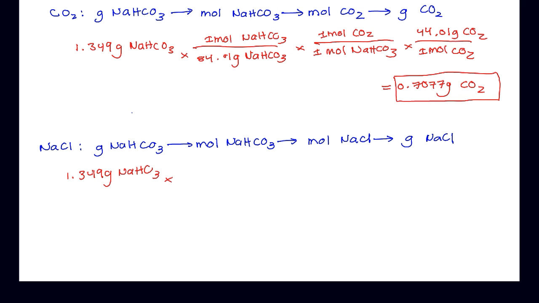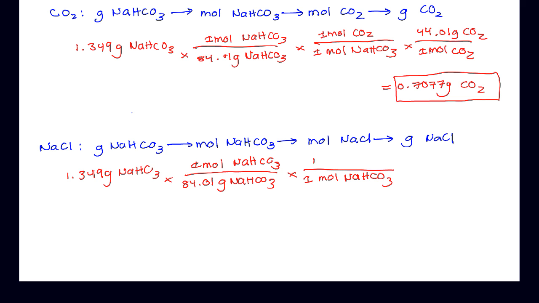And again, we're going to use the molar mass, 84.01 grams of sodium bicarbonate for every 1 mole of sodium bicarbonate. And the next thing we want to do, even though the ratio is 1 to 1, we know that for every 1 mole of sodium bicarbonate that we use, we're producing 1 mole of sodium chloride.